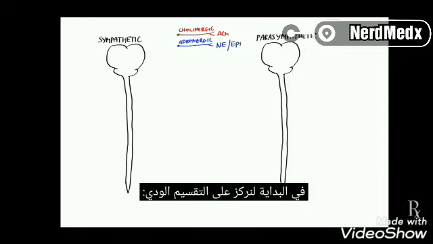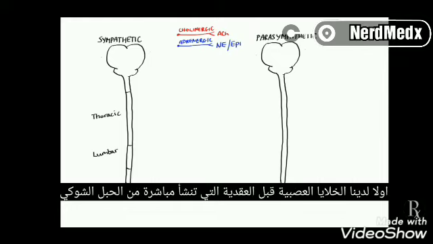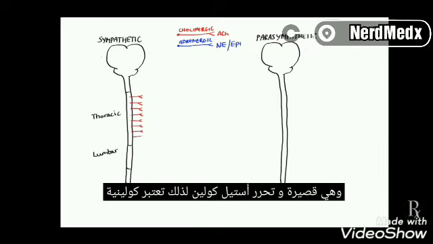Now, let's focus on sympathetic division first. So, sympathetic neurons arise from the thoracic and lumbar regions of the spinal cord. And first, we have preganglionic neurons, which originate directly from the spinal cord. They are short and they release acetylcholine, so they are cholinergic.